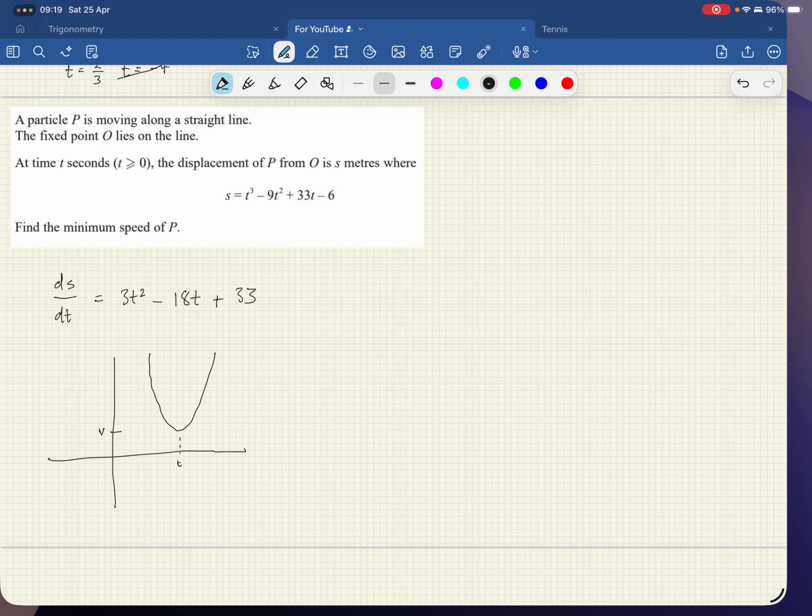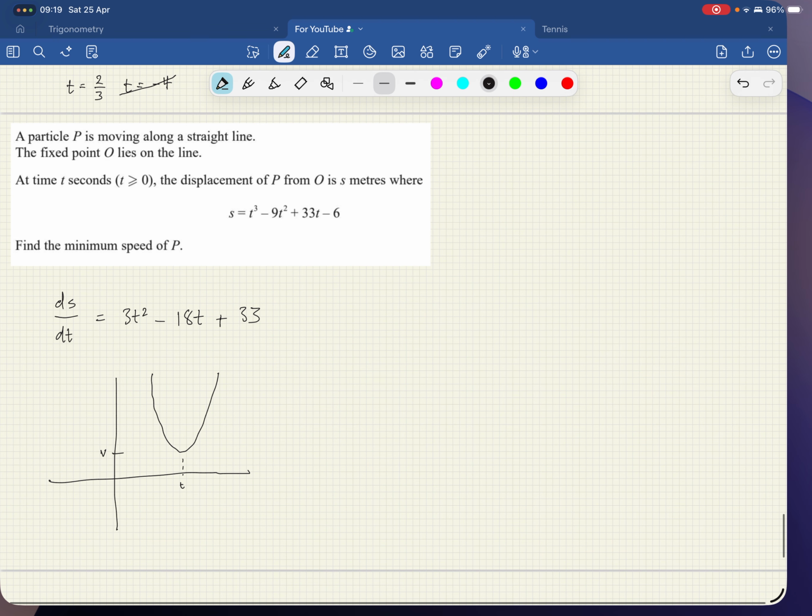So what we now need to do is differentiate this again, and then find the minimum point of this quadratic. This is one way of doing it, at least. So our velocity function is ds by dt, and now we want dv by dt, and that's going to be the derivative of this function here, which is now 6t minus 18.